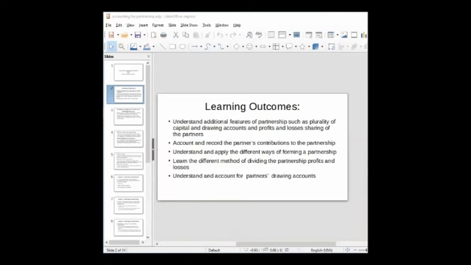In our previous module, we have cited the definition of partnership using Article 1787 of Republic Act 386. It defines partnership as, by the contract of partnership, two or more persons bind themselves to contribute money, property, or industry to a common fund with the intention of dividing the profit among themselves.